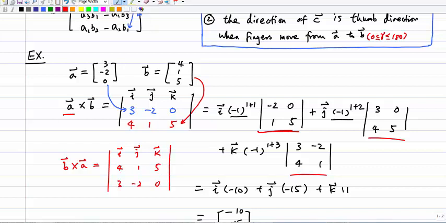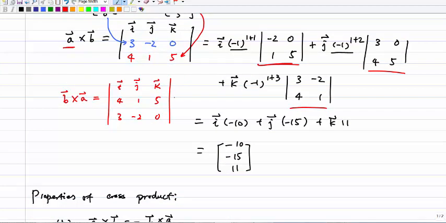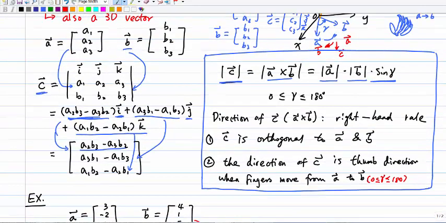I changed it because I switched the order of the last two rows, since I switched A cross B to B cross A. If you compute it, you should have 10, 15, -11. It's just a sign change.